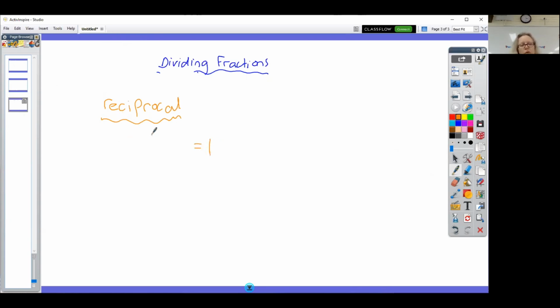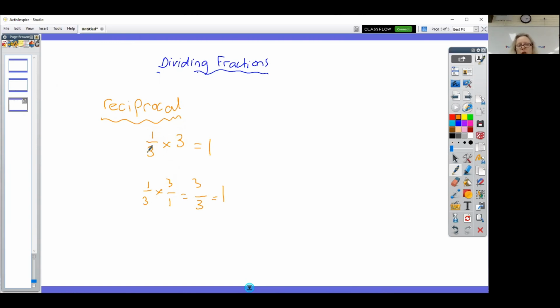We've already looked at 1/3 times 3. 1/3 of 3 is 1. Or you can look at it as 1/3 times 3 over 1 equals 3 over 3, which equals 1. So the reciprocal of 1/3 is 3, or 3 over 1.